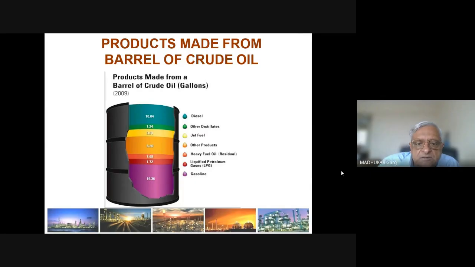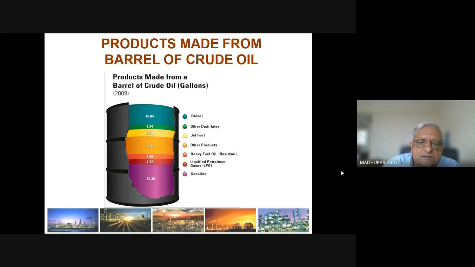Now, coming to the barrel of crude oil, as you know, one US barrel contains 42 gallons, and roughly about 159 liters. And this barrel of crude oil, the way it is processed in a refinery, gives us products which are useful to us.